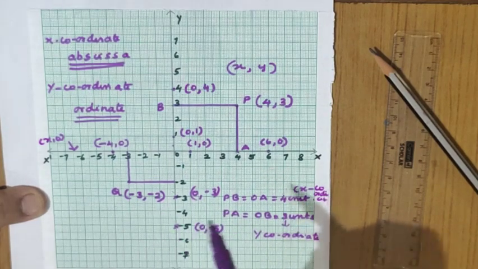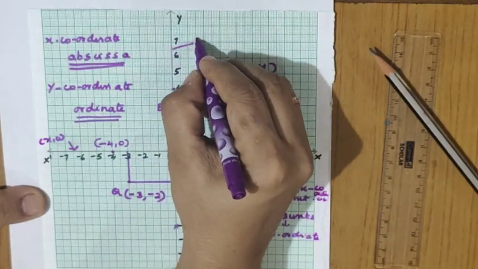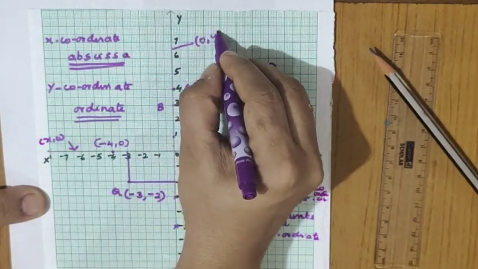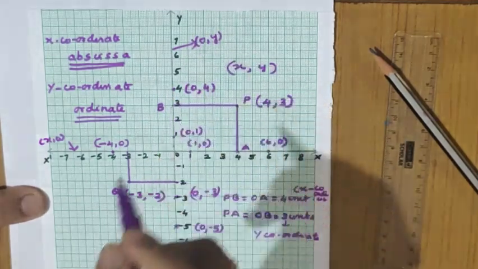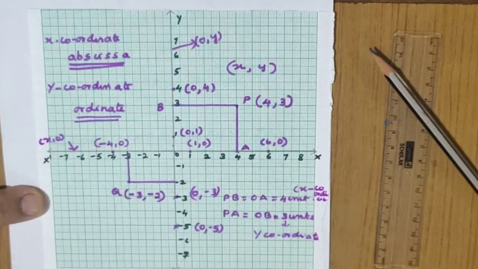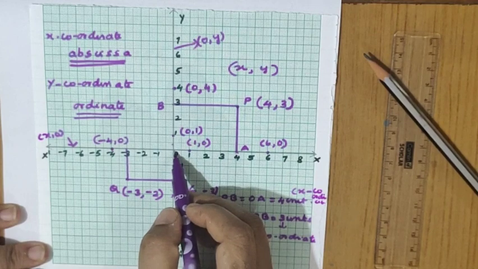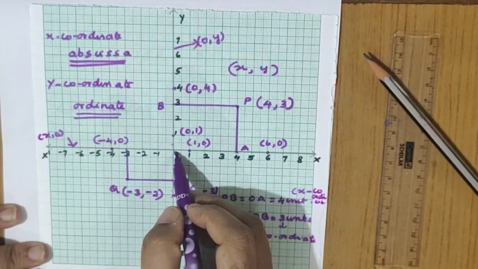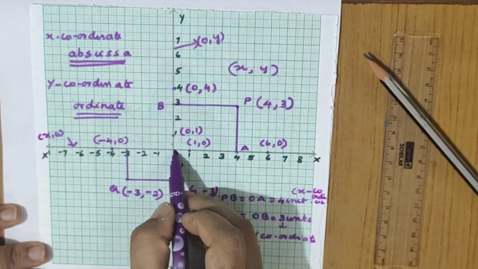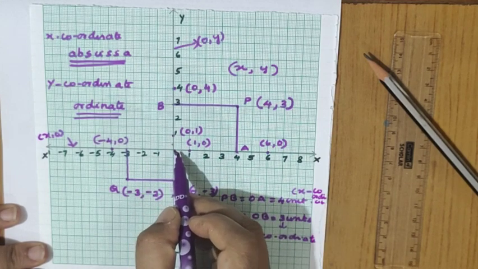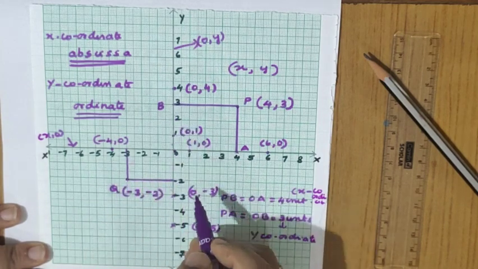So what did you learn from this? On the x-axis we got (x, 0) as the general form. On the y-axis, what is the general representation? (0, y). That means y can take any value on the y-axis, and x can take any value on the x-axis. So what about the origin? The point of intersection of the x-axis and y-axis is called the origin. What does its coordinate mean? There is no movement either in the x-axis direction or in the y-axis direction.